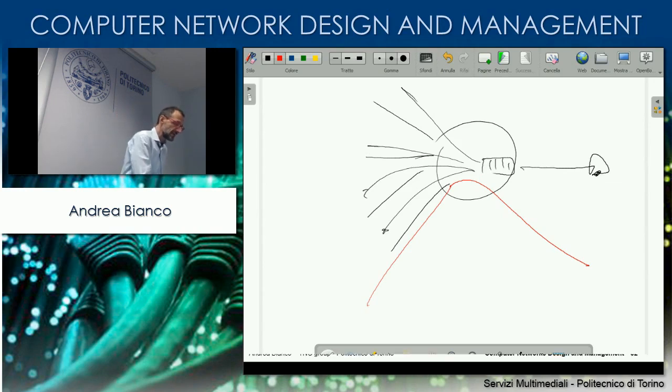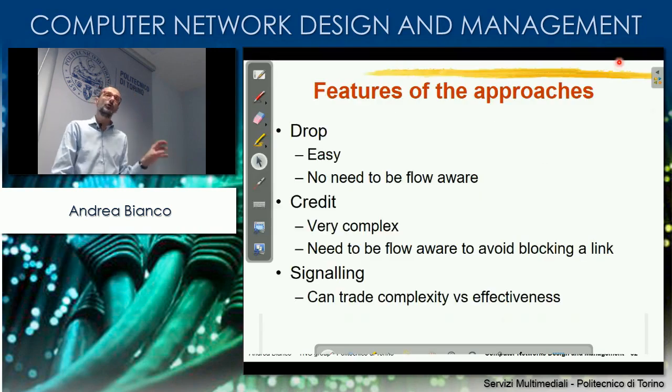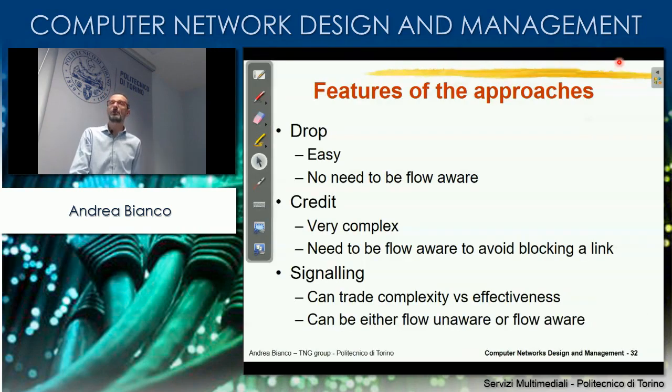Okay? So this is an example of what I'm expecting from you during a discussion in an examination. Tell me which are the mechanisms that you can use, which are the advantages and disadvantages, characteristics. So the credit-based approach may be very, very complex. If you want to simplify, you can do that, but the properties that you get are not so nice.